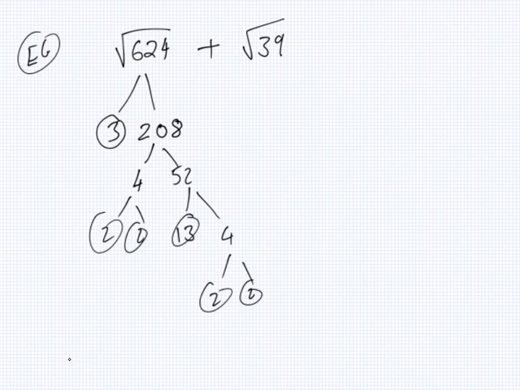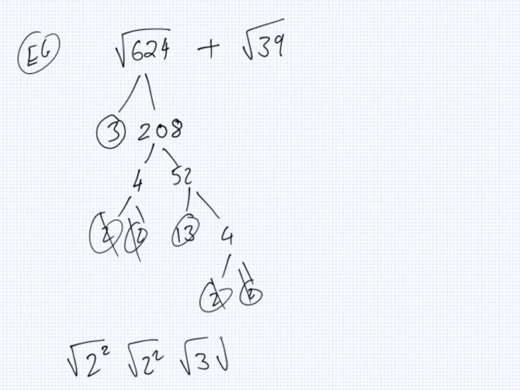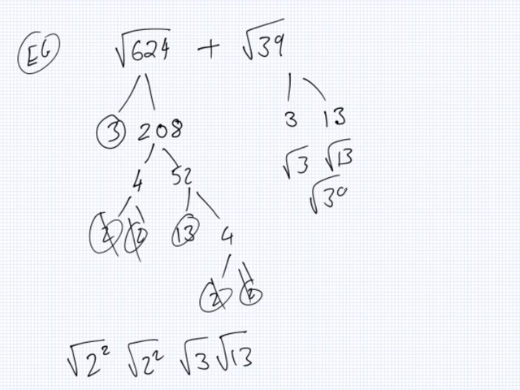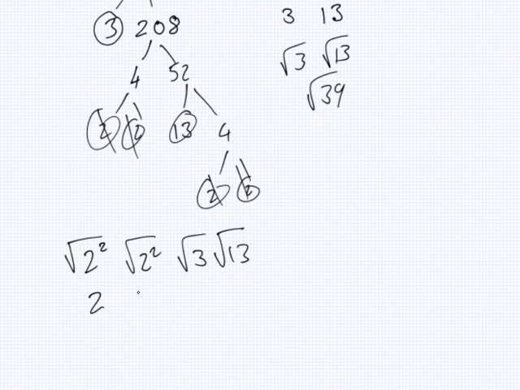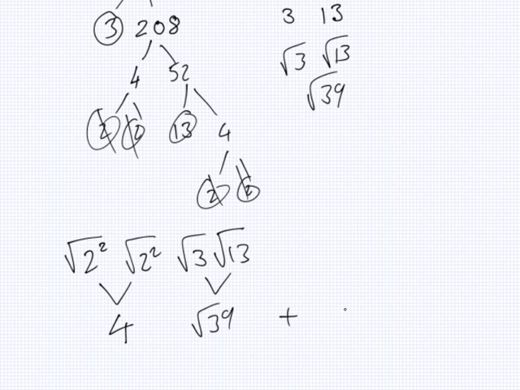So this is root 2 squared, root 2 squared, root 3 and root 13. And 39 is just 3 and 13. So root 3 times root 13 is root 39, so there's nothing to simplify here. Put it together: 4 root 39 plus the other root 39, which is one of them.